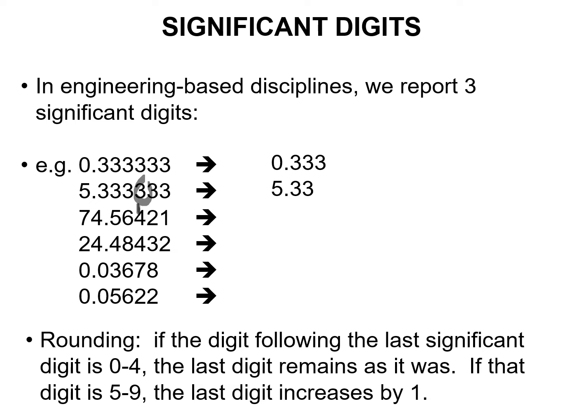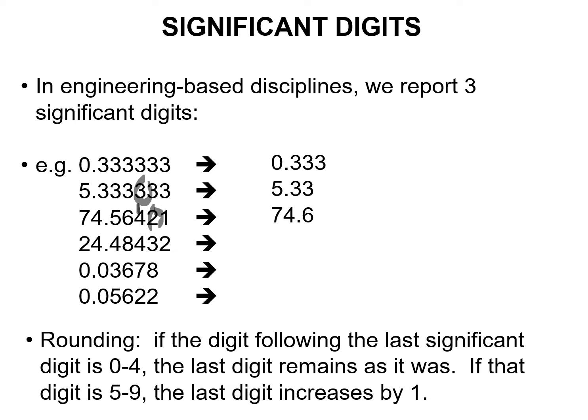However, when we look at this next one, 74.564, this fourth digit right here is between 0 and 4, so that 4 is not going to stay, because we already have 74 as 2 significant digits.